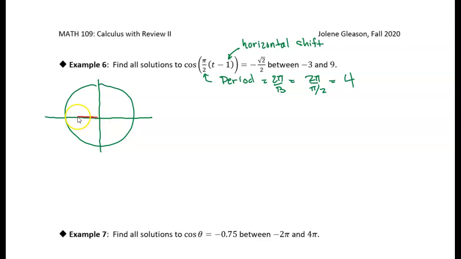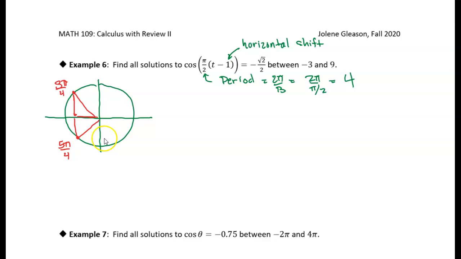We have an angle here, and then another angle down here that has that same cosine value of negative square root 2 over 2. This one is 3 pi over 4, and this one down here is 5 pi over 4.